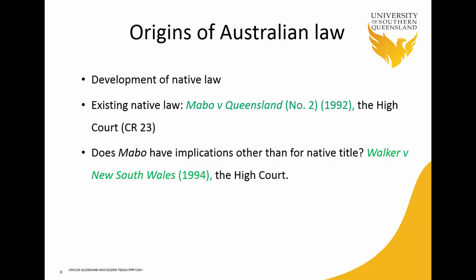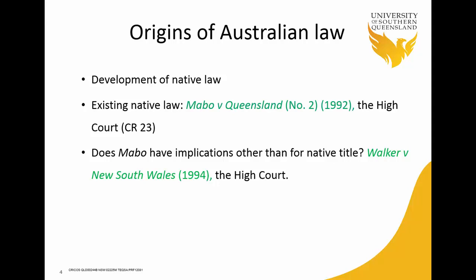So if the territory belongs to no one, the doctrine of reception means that British settlers under international law could take their own law with them to that terra nullius. So if Australia were terra nullius, then the British settlers would simply bring their English law with them, and that becomes the law of the land.